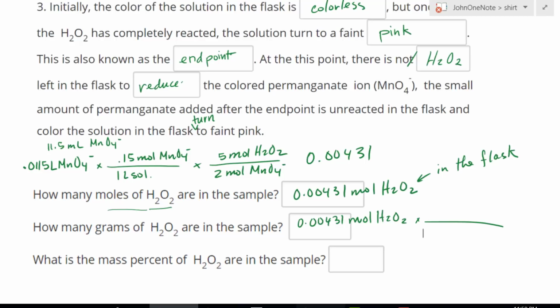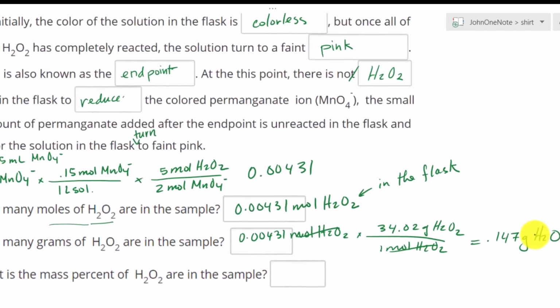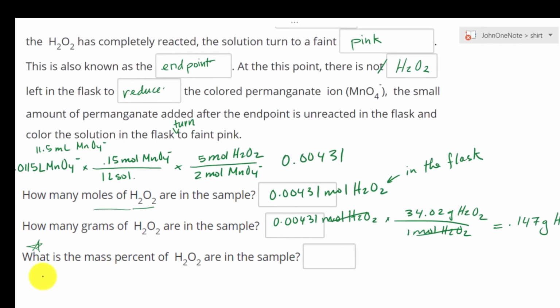It turned out to be 34.02. So we have 1 mole on the bottom of H2O2 and 34.02 grams of H2O2 on top. That cancels out, and this is equal to 0.147 grams of H2O2.